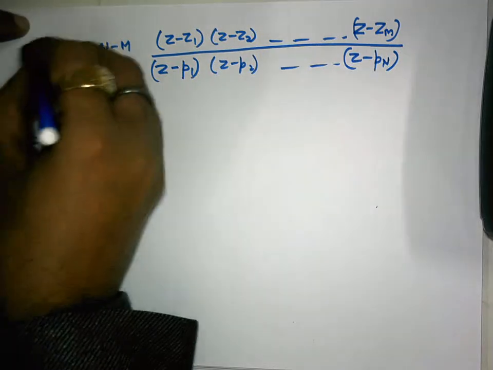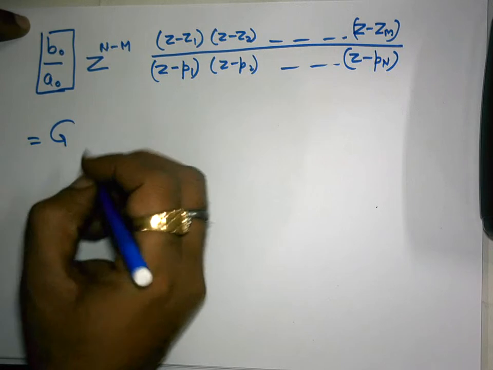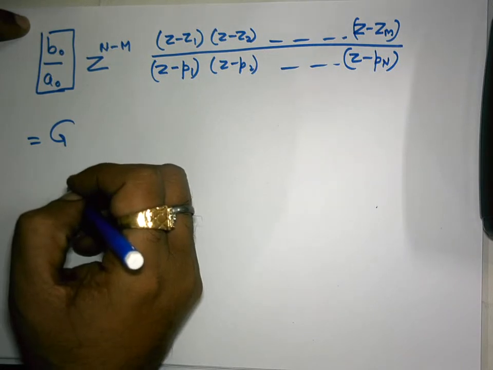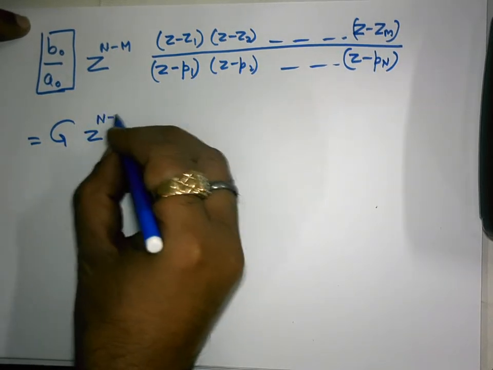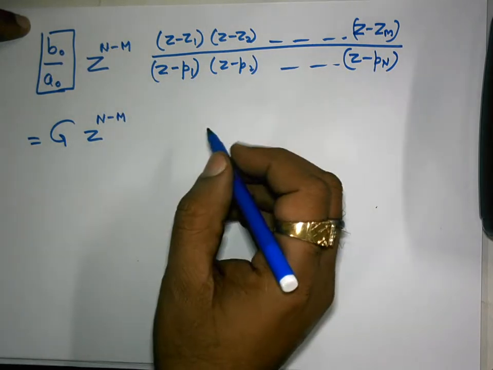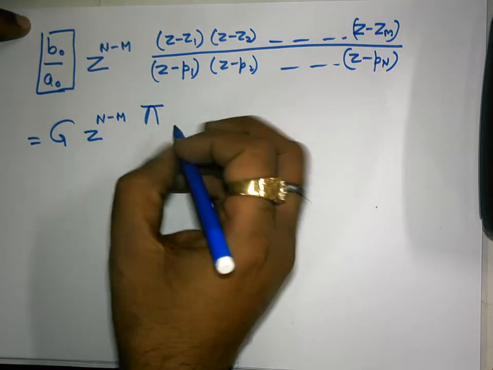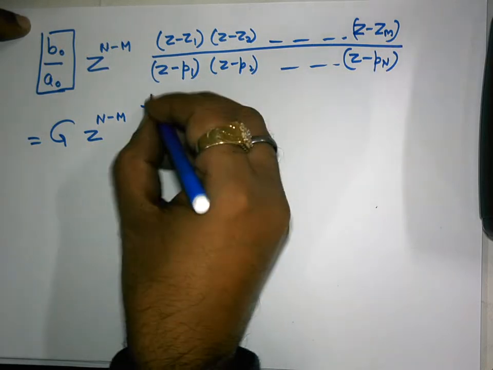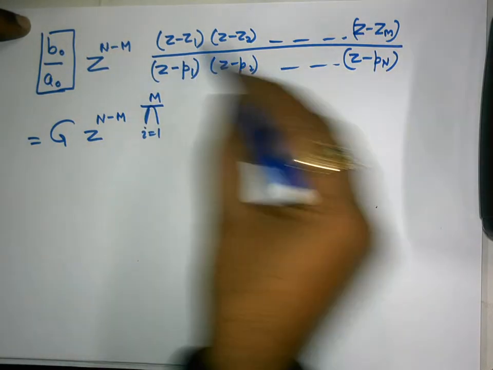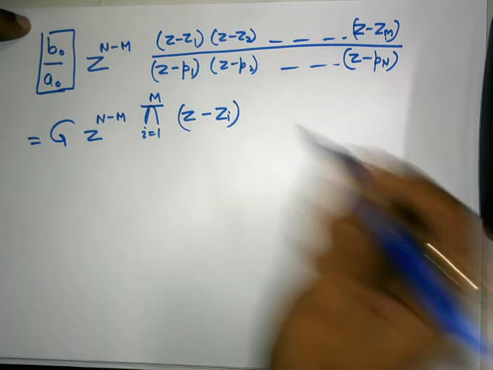So you can write the equivalence of this as a gain factor. b0 over a0 is known as a gain factor, and then the rest of the equation can be written as z to the power n minus m, and now it can be written in product form. This means this will be product ranging from say i equal to 1 to m, z minus zi.